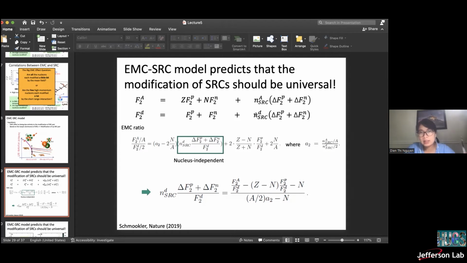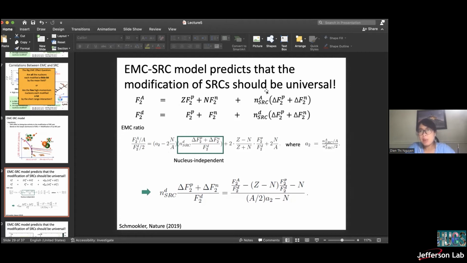So now what is the EMC effect? How do you get the EMC effect? The EMC effect is determined by the ratio of this F2 per nucleon, right? So you have this F2A and F2D, then you take the ratio of it, divided by the number of nucleons. This is what you can measure in experiment, and you see it as the EMC effect.